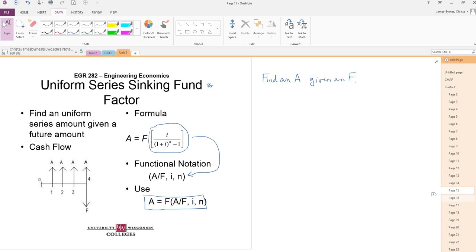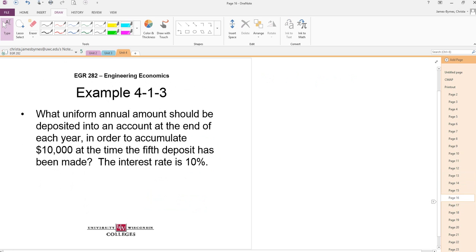So let's go try an example here. What uniform amount should be deposited into an account at the end of each year so that I have $10,000 at the time the fifth deposit has been made? Well, we've got our cash flow. At the end, we want to take out $10,000.